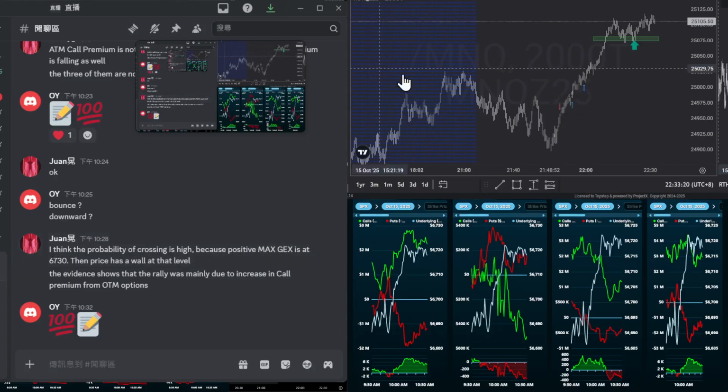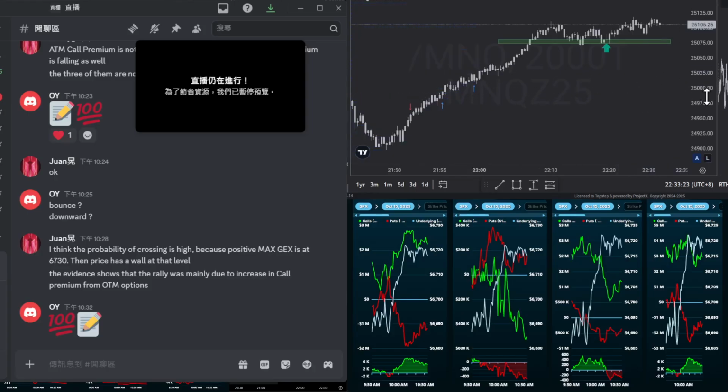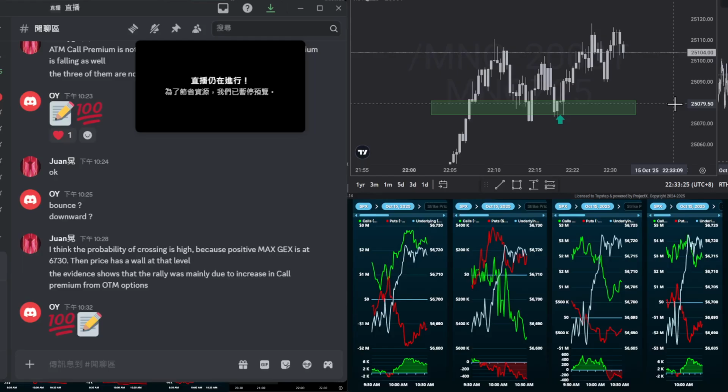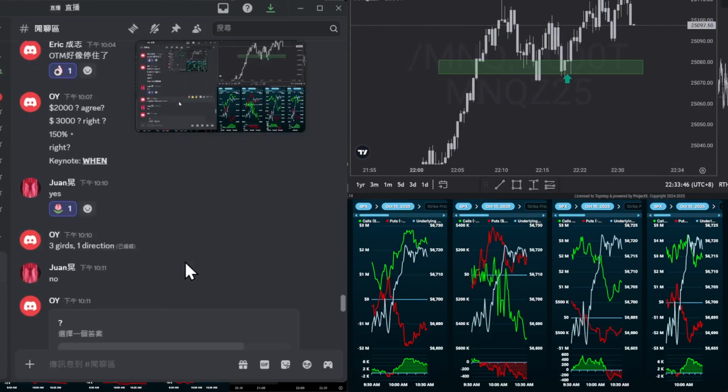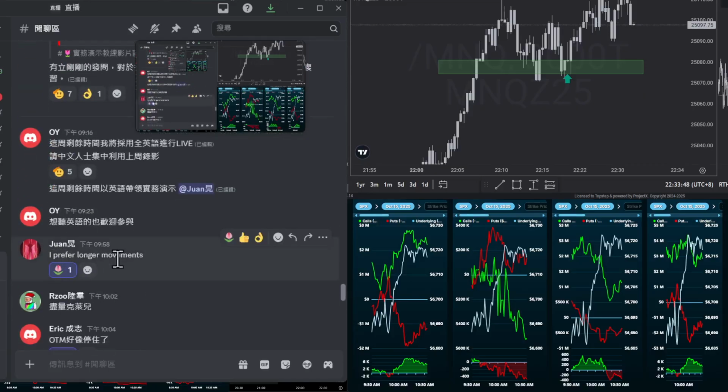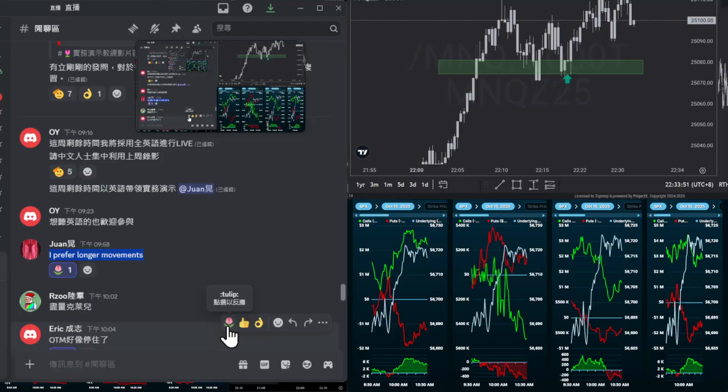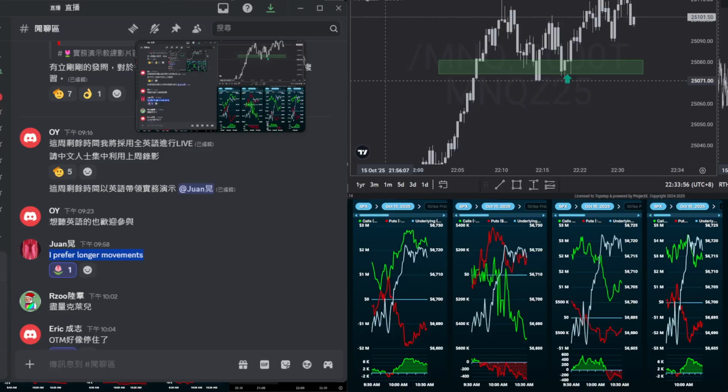So, back to 10 minutes ago, we have a good understanding about who drives the appearance, who drives the market, who drives the price. So I want to go further, talk about this. You said you prefer longer movement. Let's look at it.